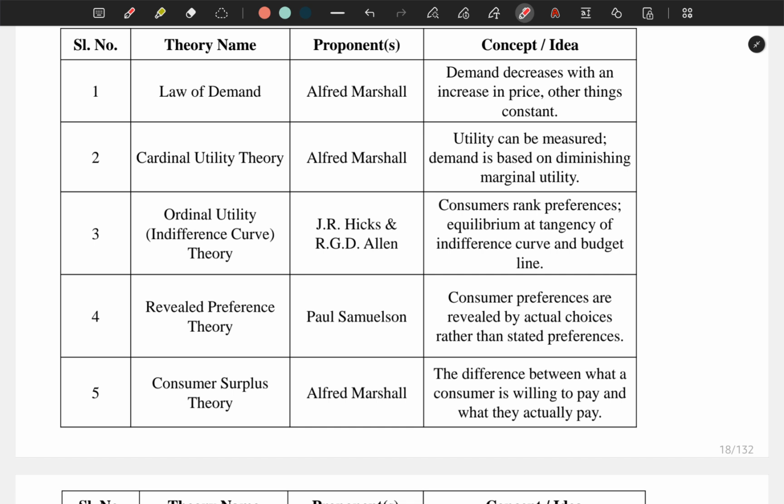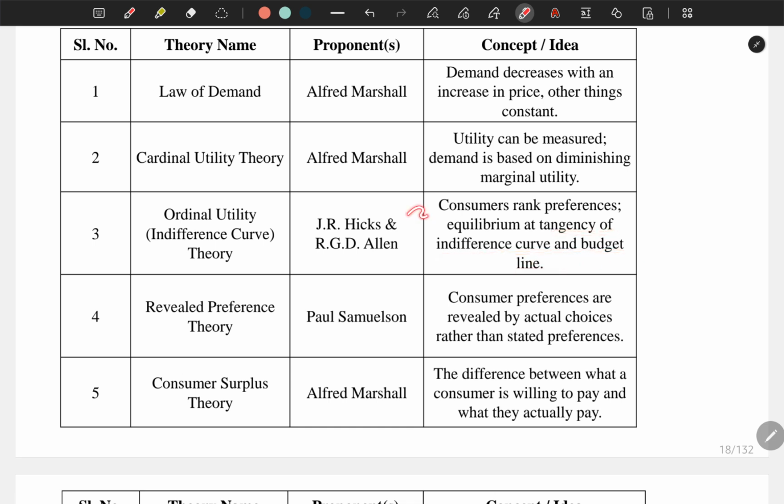When it comes to ordinal utility, we can order utilities. Instead of giving numbers, we can order the preferences, and this ordinal utility theory explains that we can opt for the equilibrium level at the tangency of the indifference curve and the budget line.